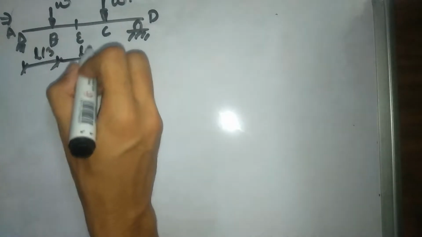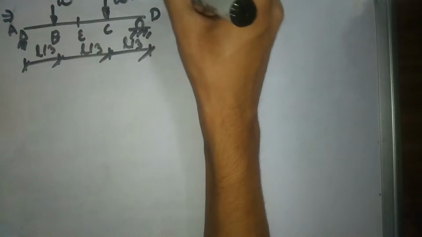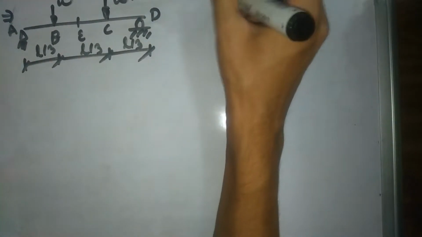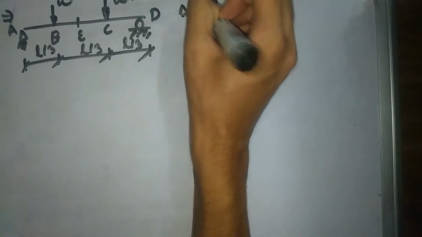B to C is also L by 3, and C to D is also L by 3. So what I need to do is find the slope and deflection at different sections. So I need to find slope at A, slope at B. So we're going to find slope and deflection at different parts of this beam.